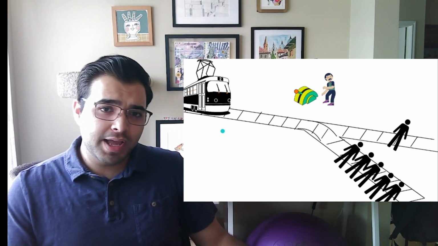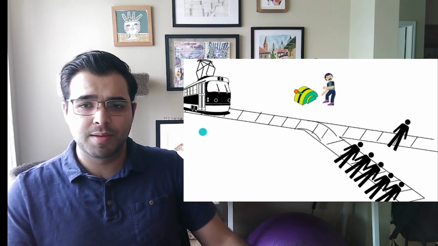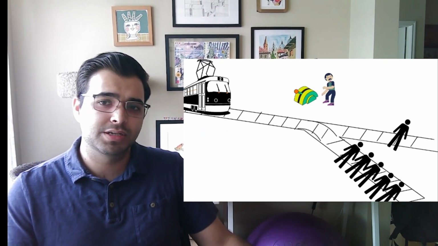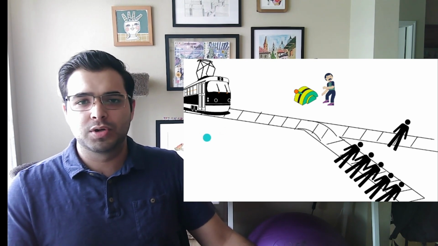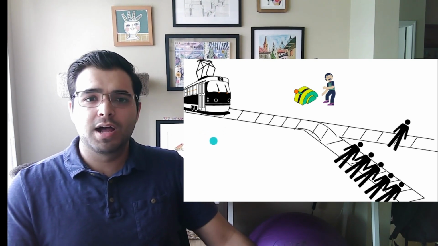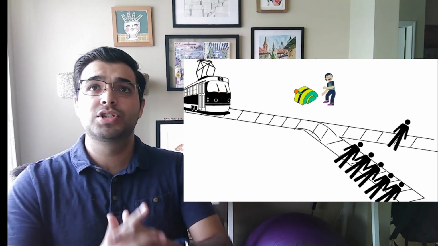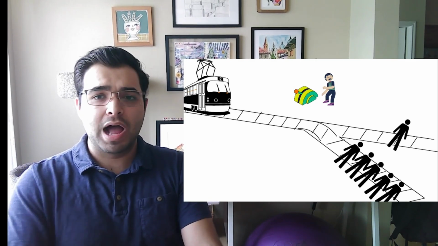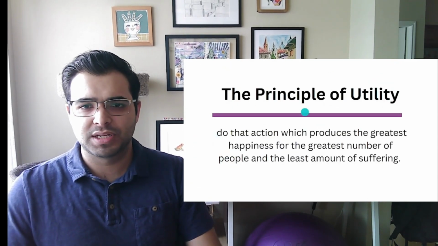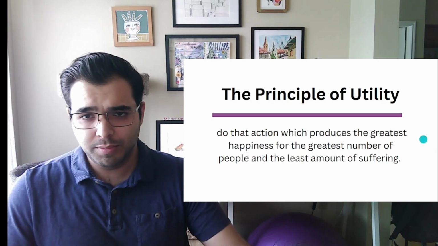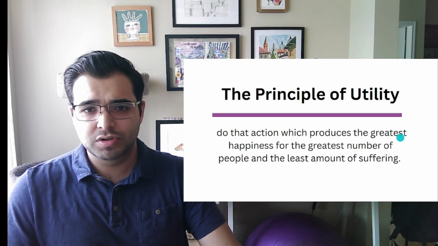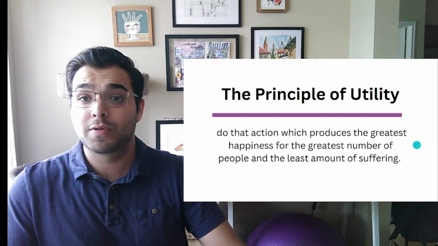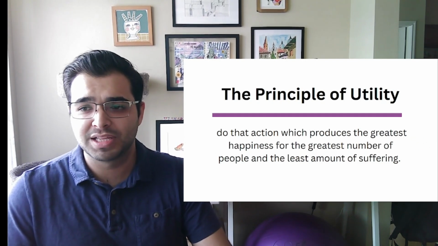If we are to apply a utilitarian lens, or the utilitarian moral theory to this problem, what we're first going to do is we're going to say, okay, I want to do the right action, and so I will apply the principle of utility. I'm going to determine what action is going to produce the greatest happiness for the greatest number of people and the least amount of suffering.